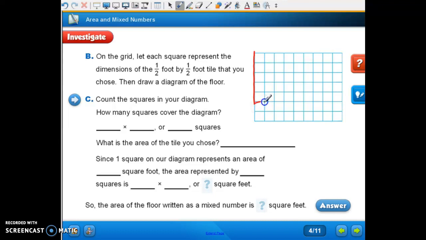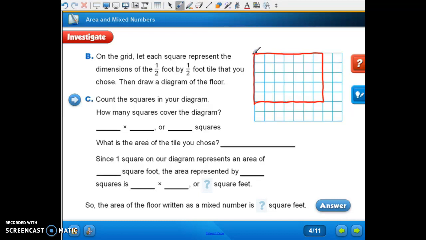And then we would go half, 1 foot, 1 1/2, 2, 2 1/2, 3, 3 1/2, and go back up, and you should have a rectangle in the top left-hand corner of your diagram, and you should go over 7 tiles. Okay?